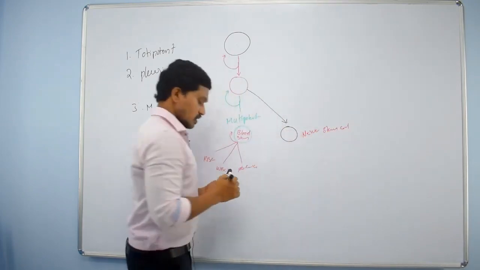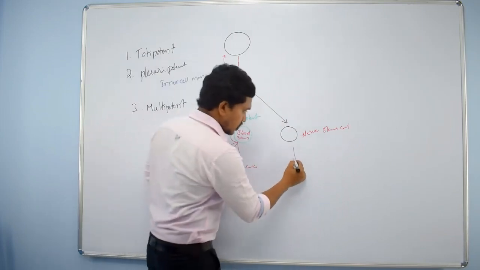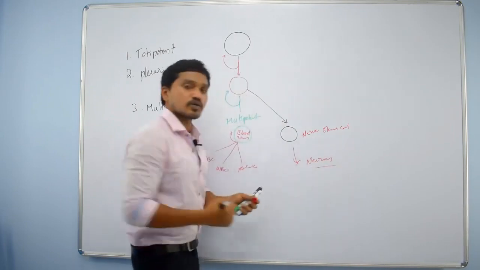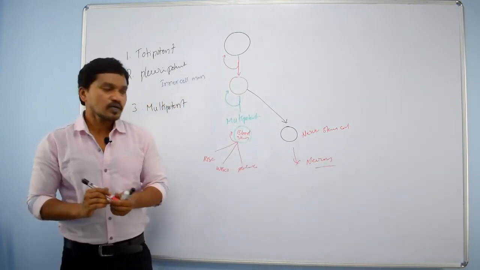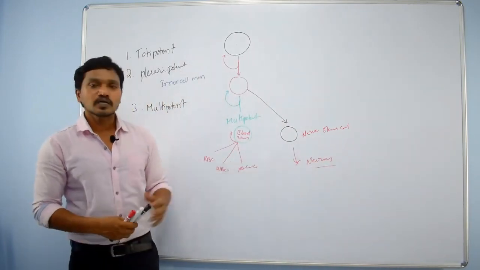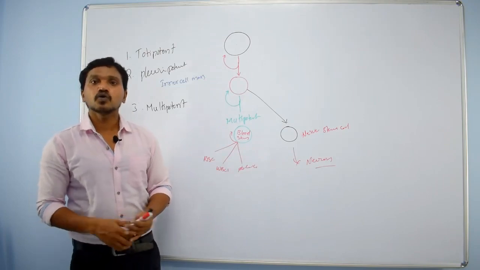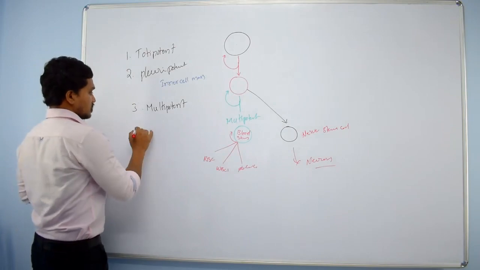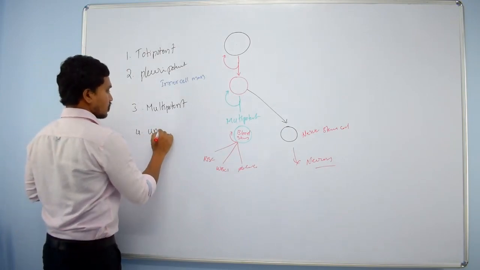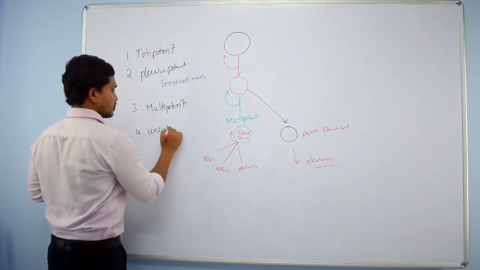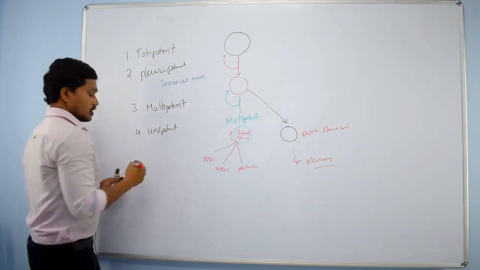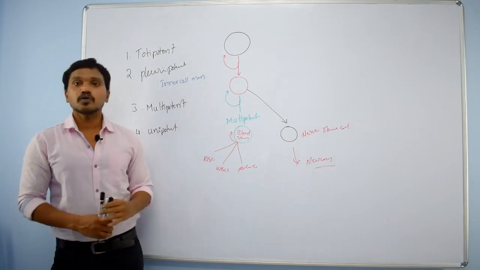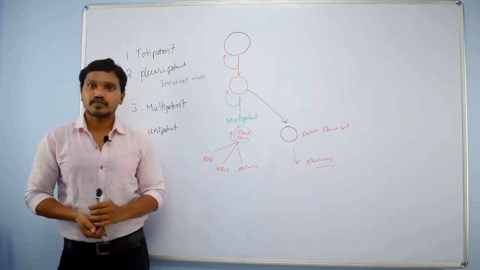These nerve stem cells can produce only neurons. They cannot produce any other type of cells. So this type of cells is what we call unipotent cells. Clear? So that is about differentiation.